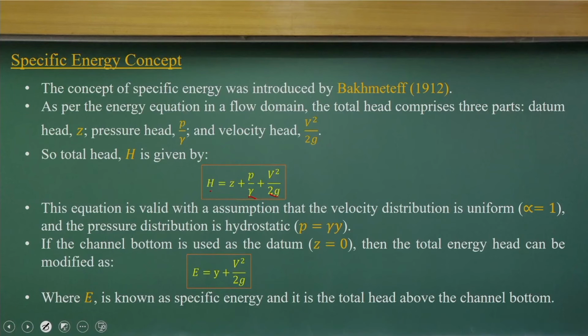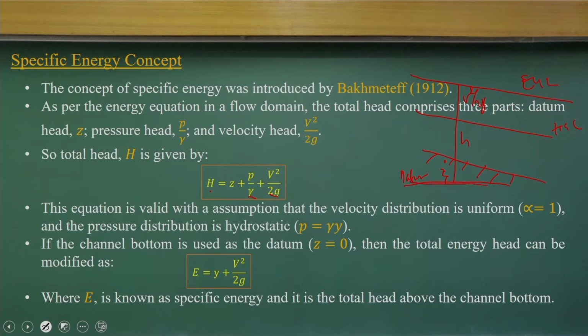That means if I have any channel, I can have this hydraulic gradient line, and I can find out the energy gradient line, and the H from a certain datum, and this is Z, this is H, and this is V squared by 2g. So you can easily have these three components.